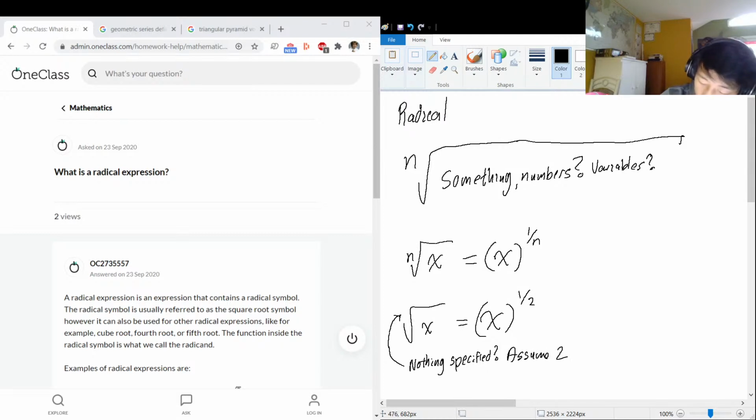Okay, so another example of how we can convert these into something a little bit easier to deal with is maybe we have the 13th root of x. This would just be x to the power of 1 over 13.